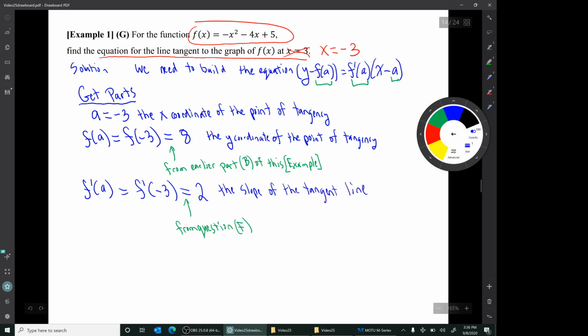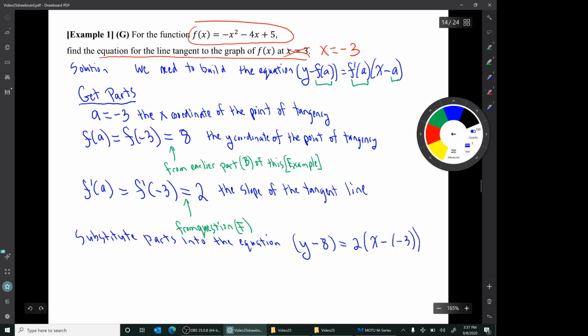All right, so we have got the parts that we need to build the equation. So now let's substitute parts into the equation. And then that's the point-slope form of the equation of the tangent line. We should convert to slope-intercept form.